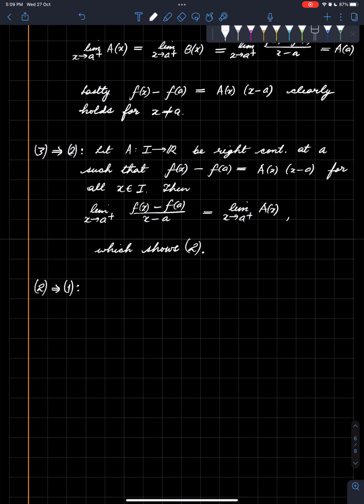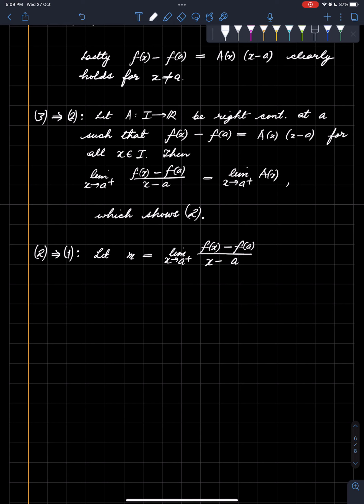So for 2 implies 1, let m equal this limit, which exists by hypothesis. All right. So we'll show that the right tangent to the point (a, f(a)) exists and has slope m.